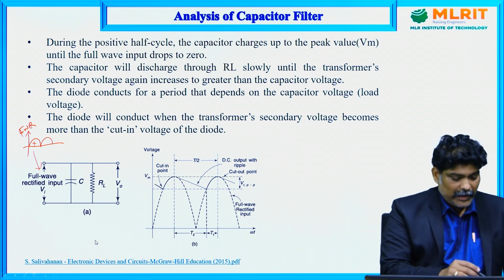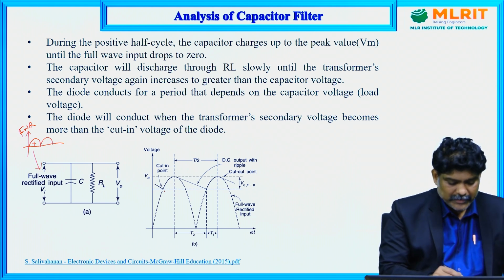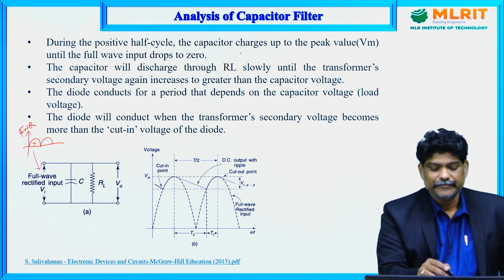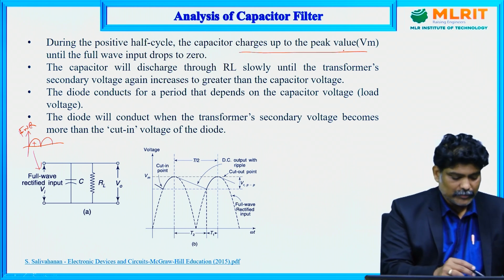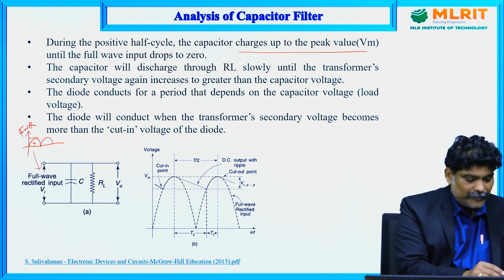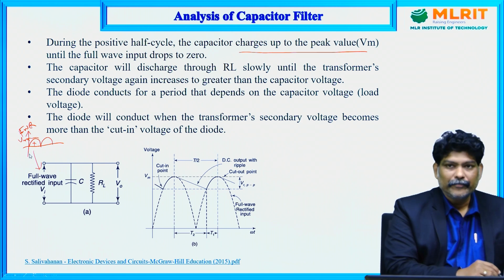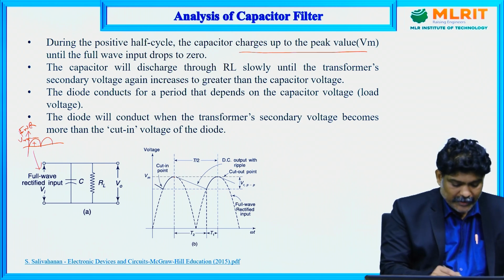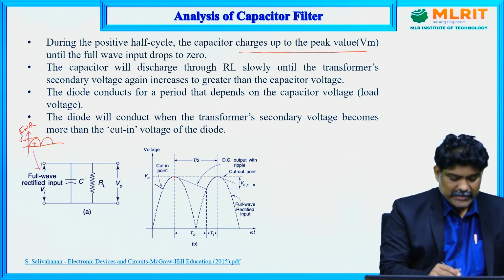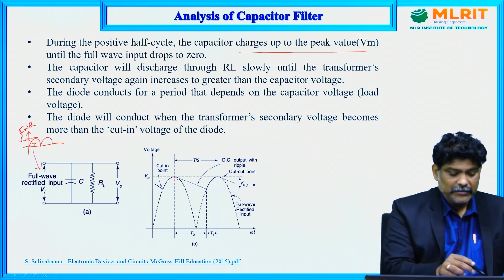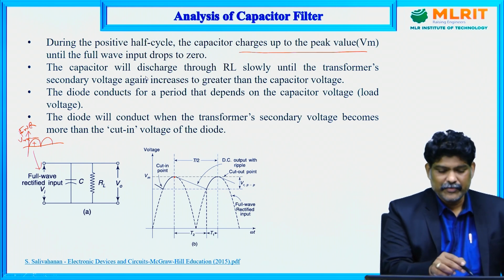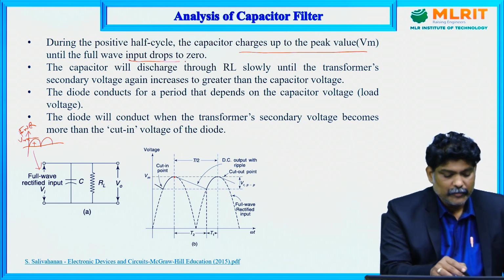During that positive half cycle, what happens? The capacitor charges up to the peak value, which will be Vm. Up to this point the capacitor charges, until the input drops to 0.